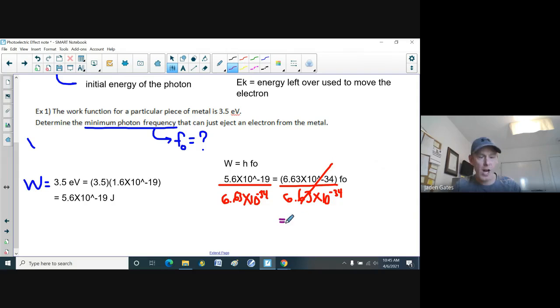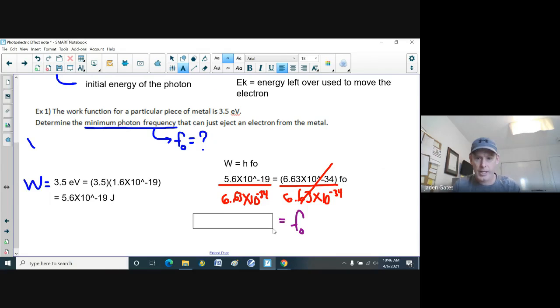And so my f naught, my threshold frequency, is 5.6 times 10 to the negative 19 divided by 6.63 times 10 to the negative 34.